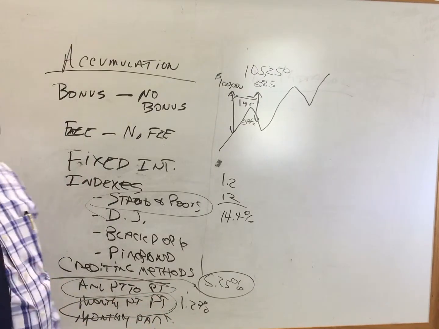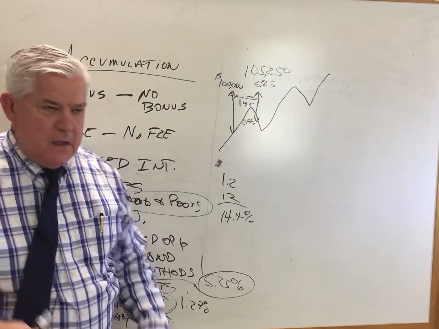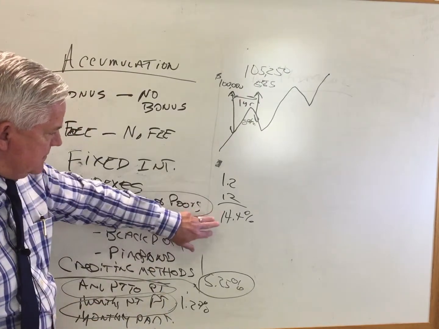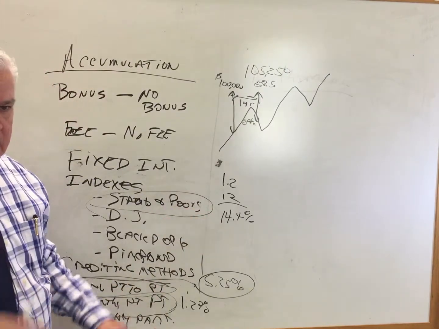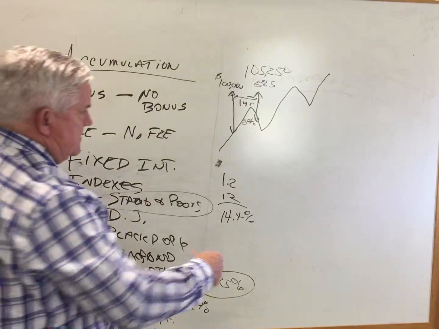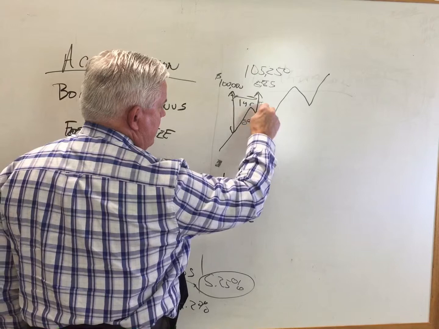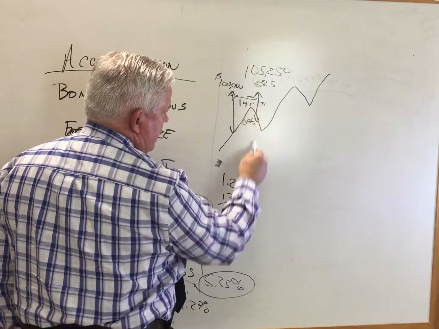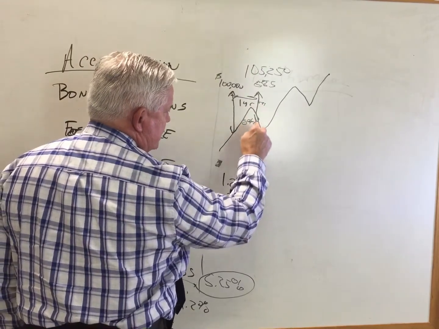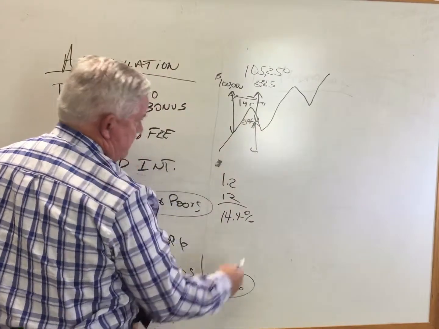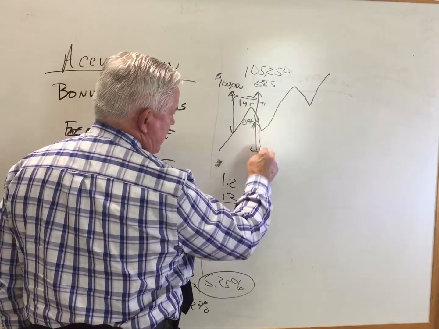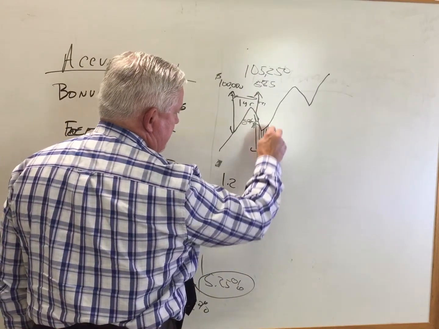Now, I did meet with the actuaries up in Minnesota, and even though this crediting method looks good, it is more risky. Say they put the money in right here, and after 1 year they change it to the monthly point to point, and they're measuring it each month.